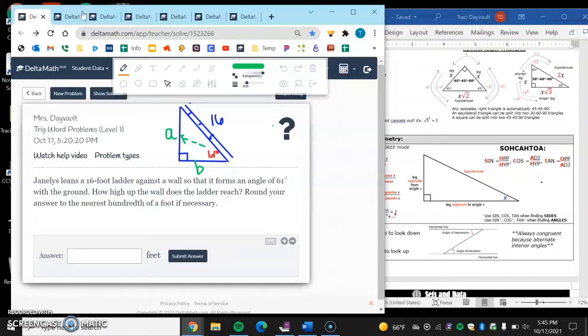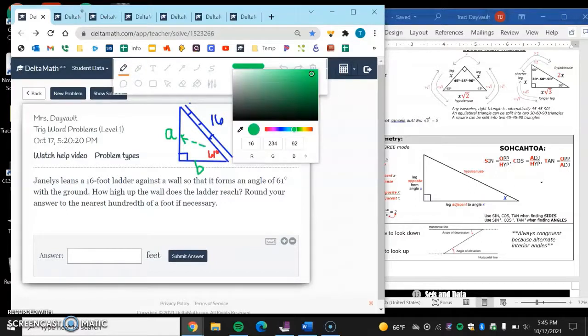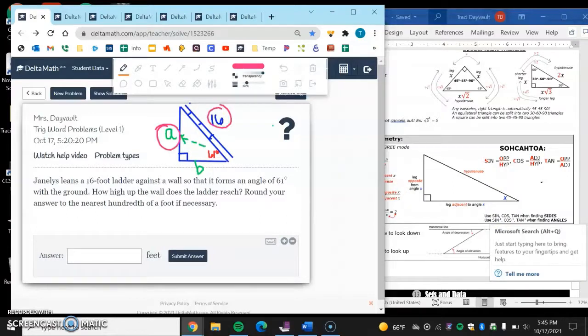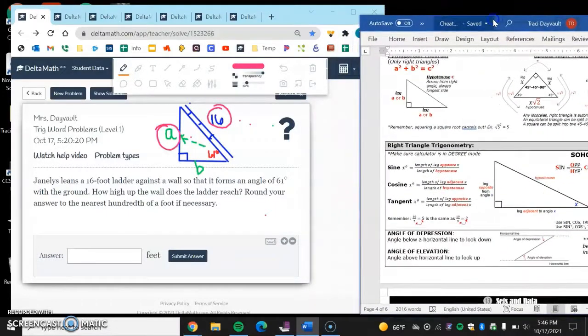So we're given an angle. That means we're going to use the ratios in either sine, cosine, or tangent, not the inverse ones. All right, and we're trying to find the opposite and we have the hypotenuse. So which one of the trig ratios should we use for opposite and hypotenuse?